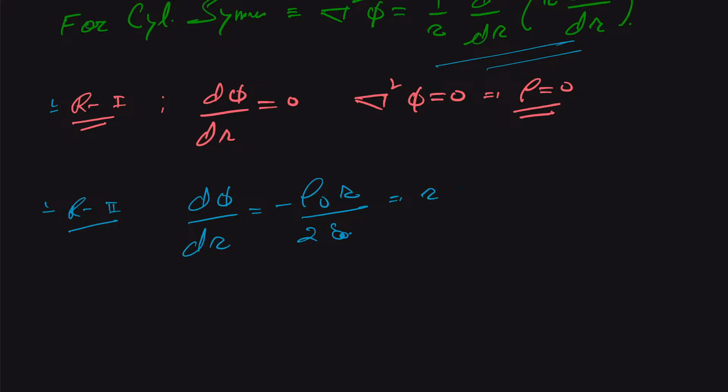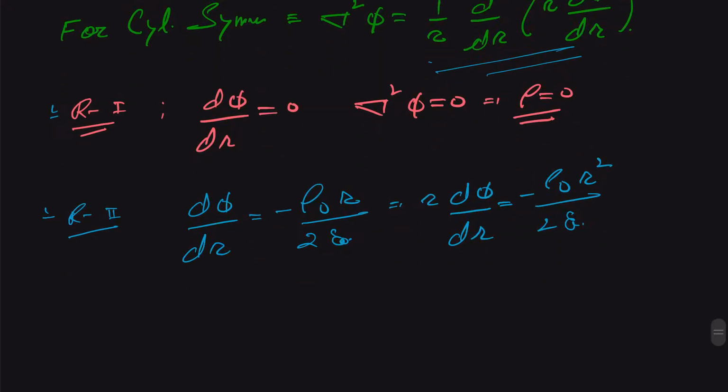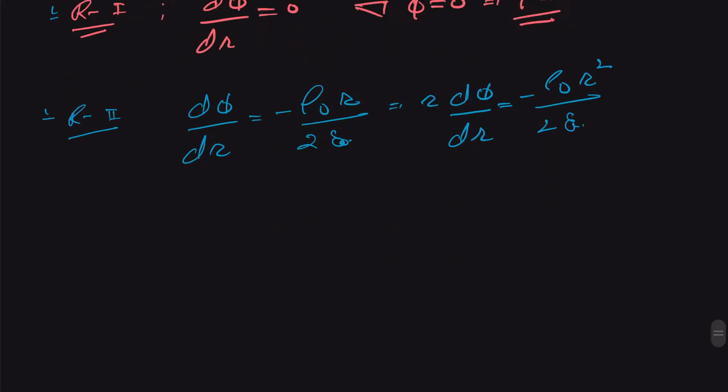So we get r d phi upon dr, giving us minus rho naught r square upon 2 epsilon naught. Okay. Now we come to this part, and this is d of dr of d phi upon dr.